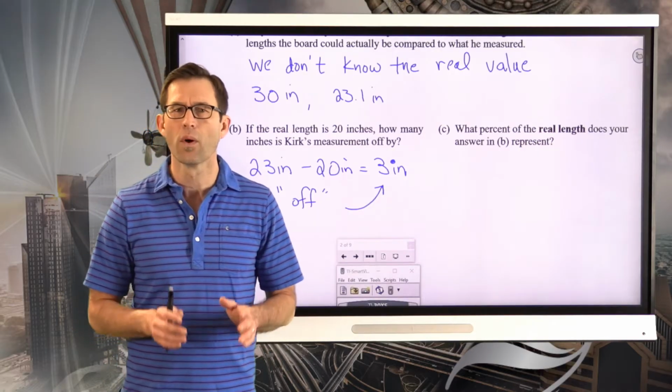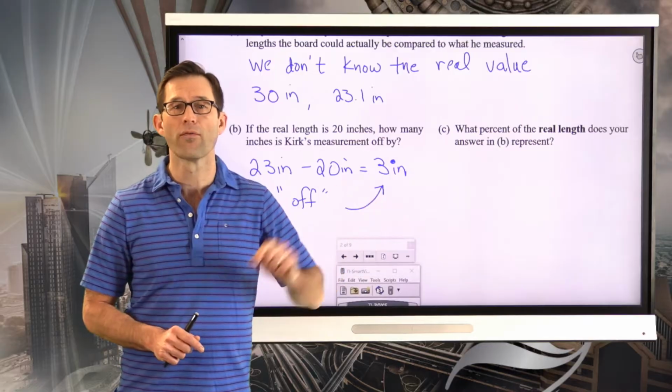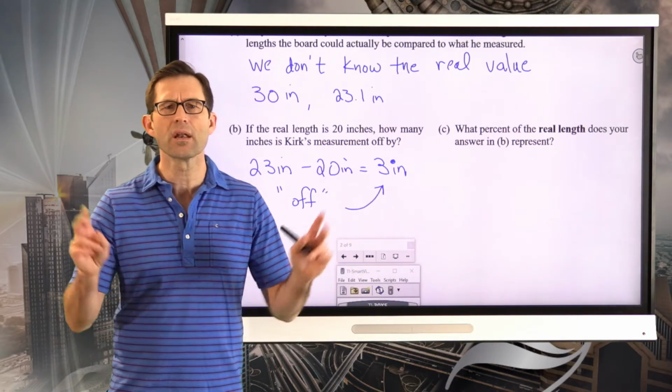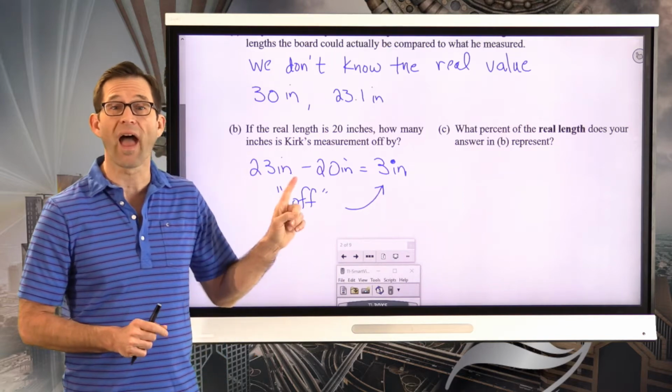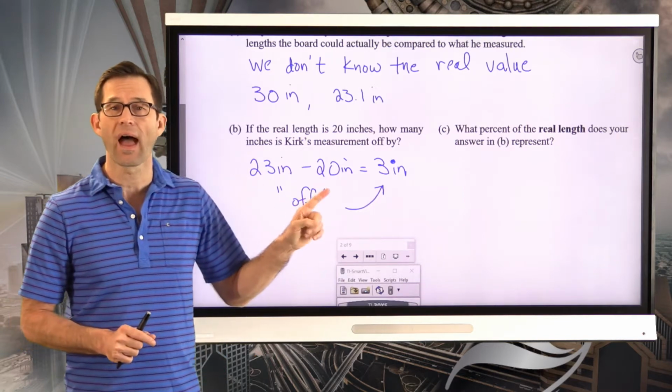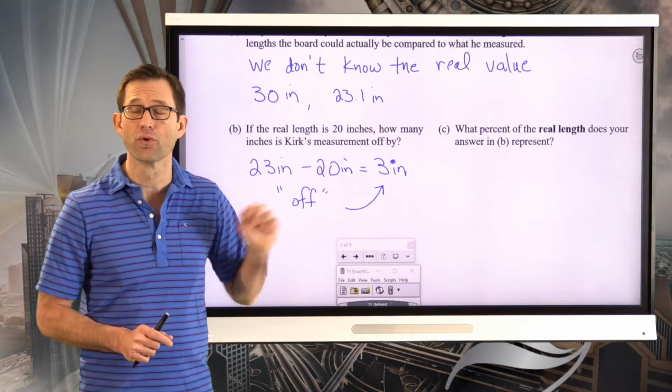In this case, what we're really doing is comparing how far off we are, which is 3 inches. That's going to be the part. The whole is going to be the actual measurement. I'm sorry, the true value, all right? Not the mistaken measurement, but the true value.